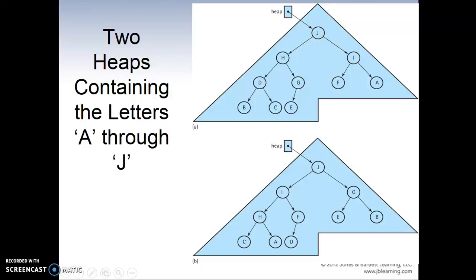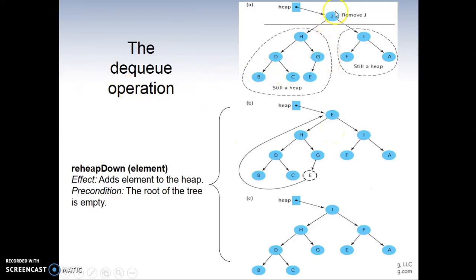For example, when I dequeue, so this is the heap, right? The parents are always greater than the children. But let's say I start to dequeue. When I dequeue, J is going to be removed. E is going to replace it. We no longer have node E at the bottom, so we have the shape property back.